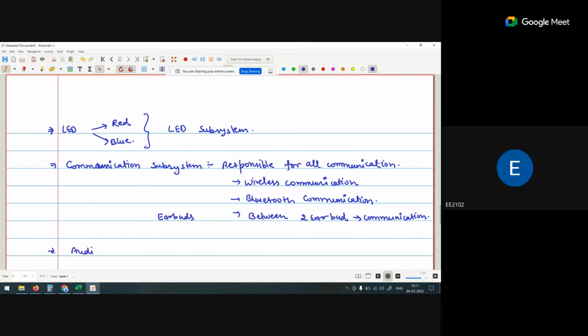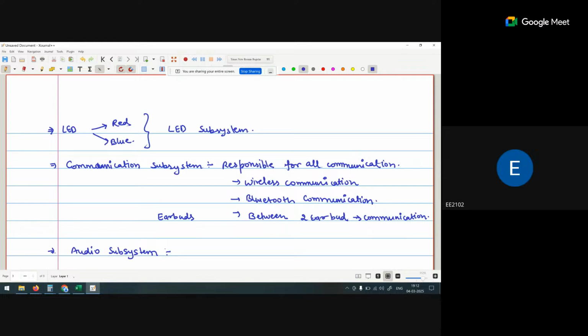The audio subsystem. All audio related quality, like volume high, volume low, echo cancellation, anything like that will be done by the audio subsystem.